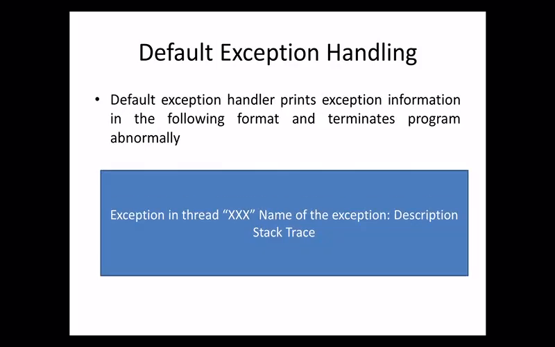Okay, so now this default exception handler prints exception information in the following format and terminates the program. The format is: Exception in thread xxx, that is any thread name, then the name of the exception, then colon, description of that exception, and stack trace.